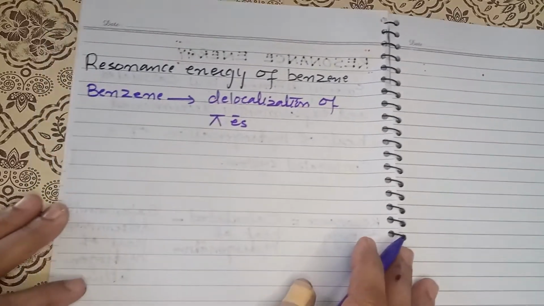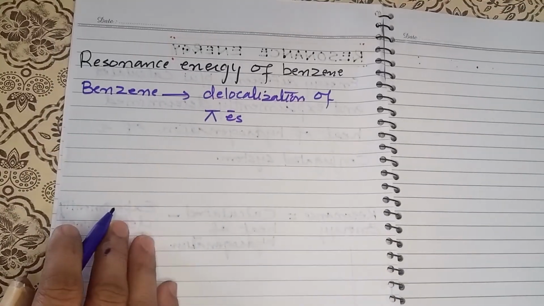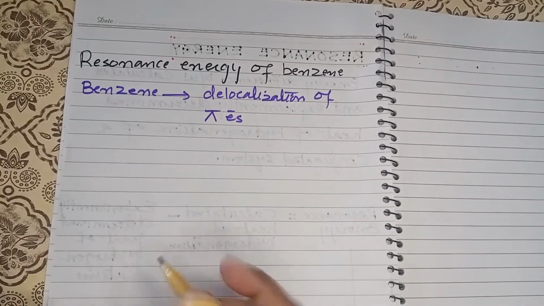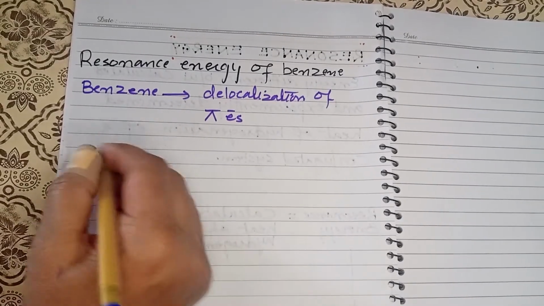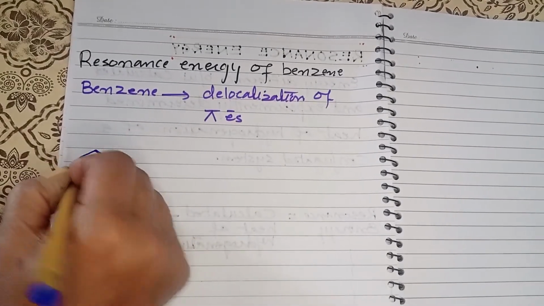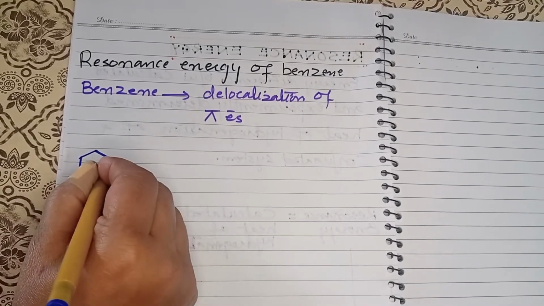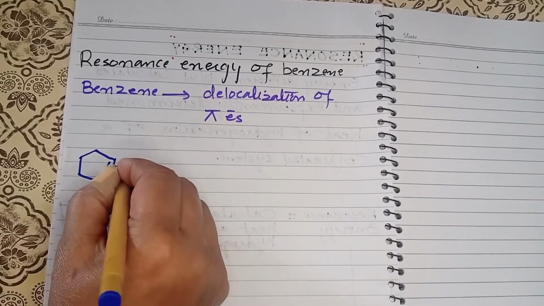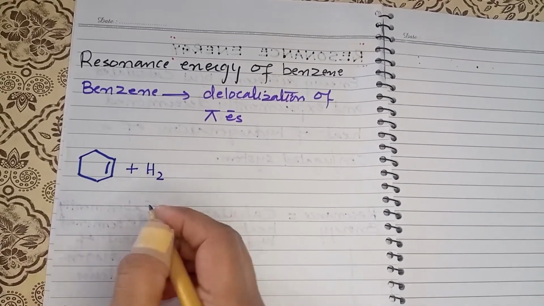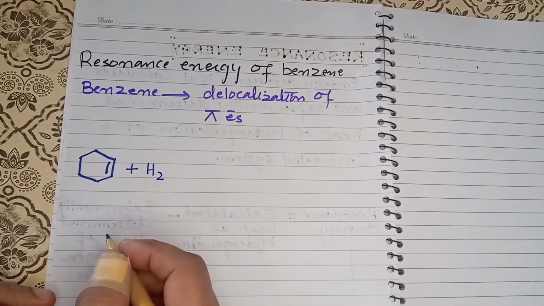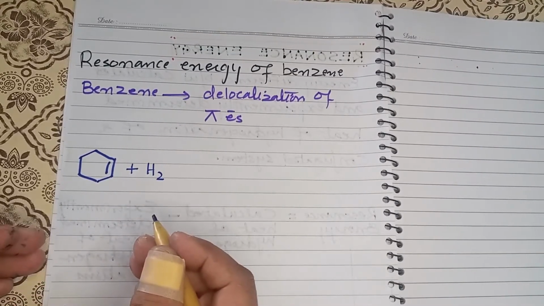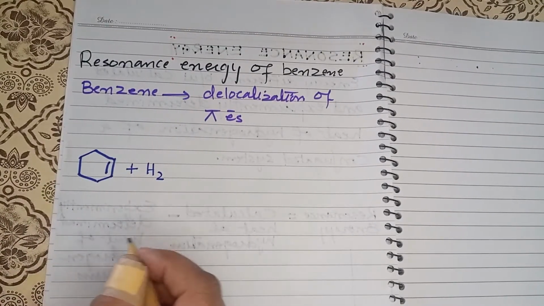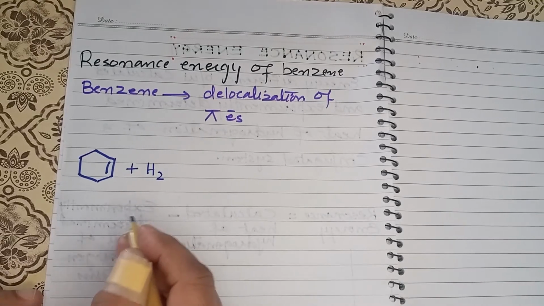So we will use the following method for the measurement of heat of hydrogenation. For example, we have a molecule, cyclohexene, having one pi bond inside, and we measure its heat of hydrogenation. Students, what is heat of hydrogenation? Hydrogenation is an exothermic process, so the heat released during hydrogenation is known as the heat of hydrogenation.